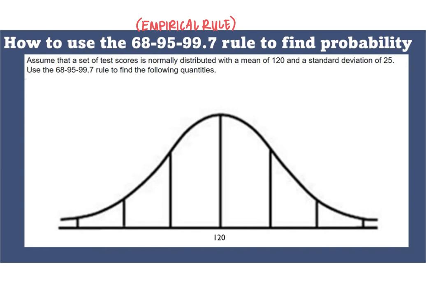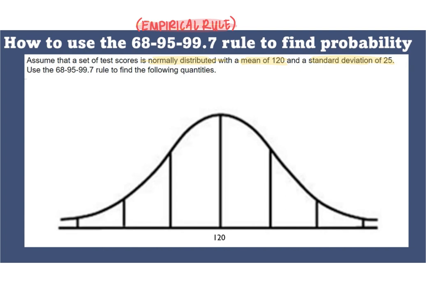So assume that a set of test scores is normally distributed, okay? So that is super important, with a mean of 120 and a standard deviation of 25. Use the 68, 95, 99.7 rule or empirical rule to find the following quantities.